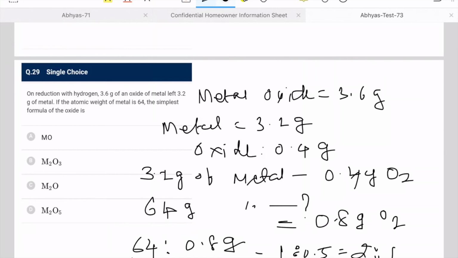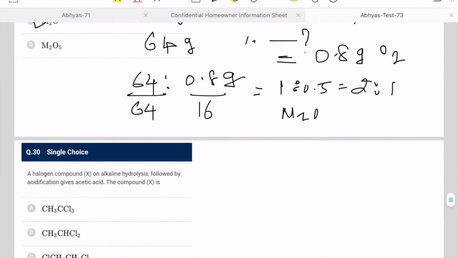So M2O is the correct option. Like this we can calculate. We'll go to the next question.